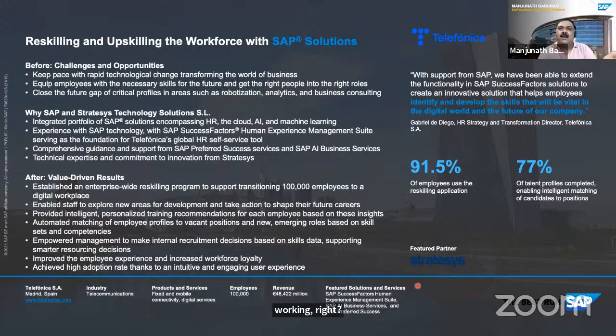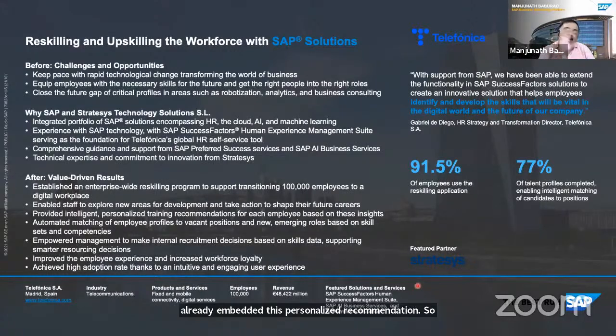They went into the different skilling opportunities, and the learning courses were already there. But how could we make it more catered to the actual needs of the end user, in this case, their employees? So they built a solution on top of BTP, called the reskilling program or the upskilling program, which already embedded this personalized recommendation.